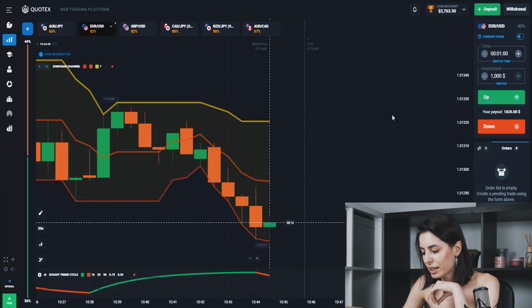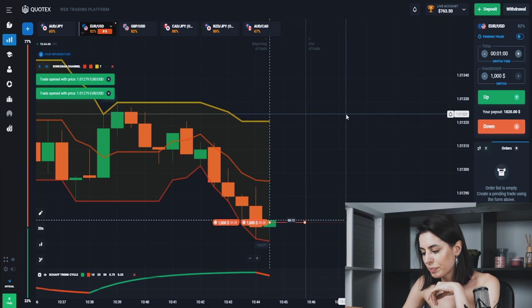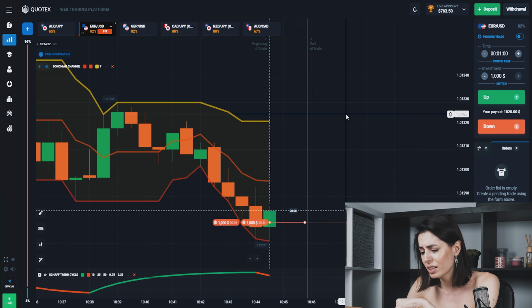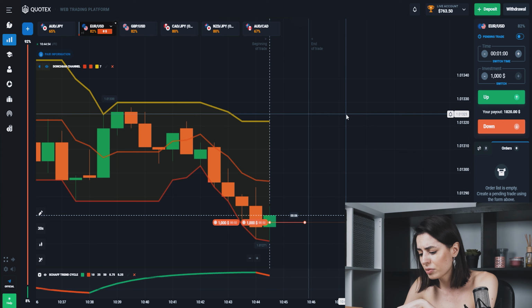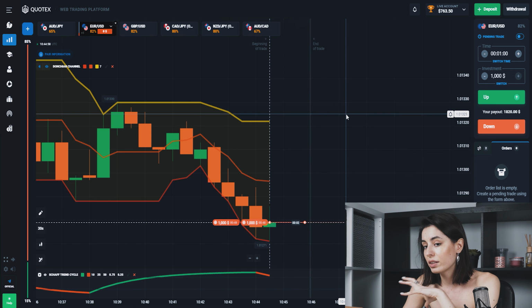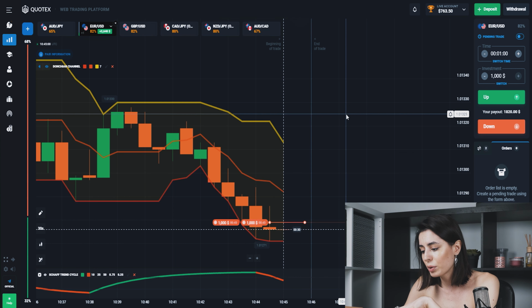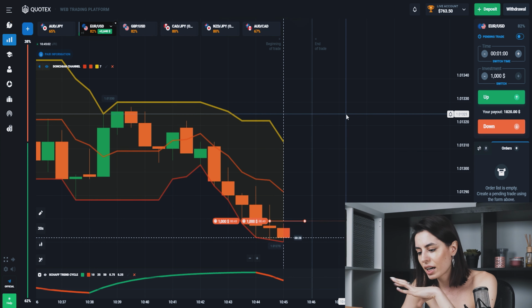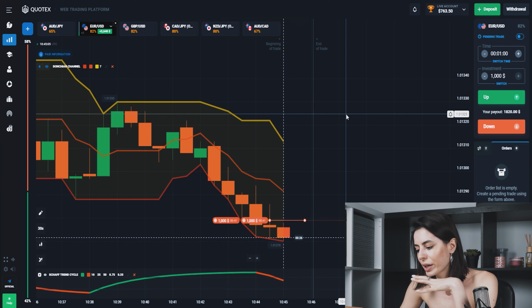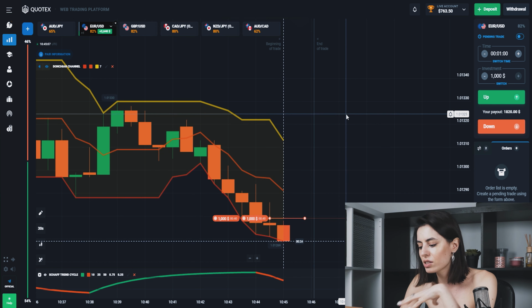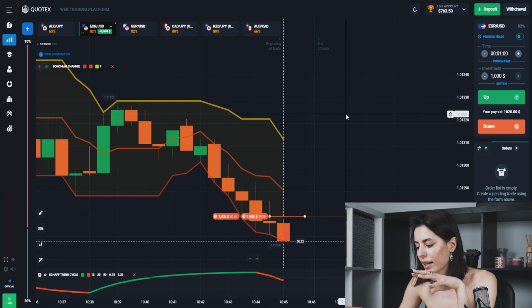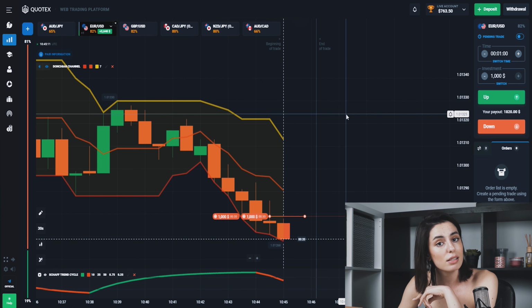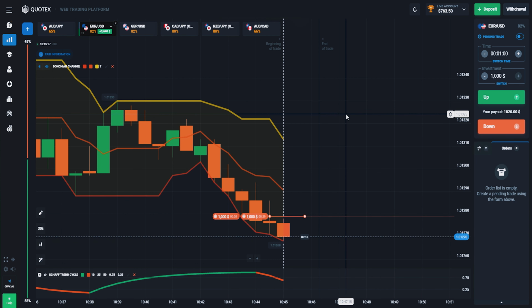So what we are seeing here, in that case, you may see the shaft trend cycle showing us, and we are seeing the green candle, but in that time frame and period, we rely more on the whole tendency on the chart, and all these lines and indicators show us that we're going to fall. So we made it like that, expecting it to be our last profit for today.